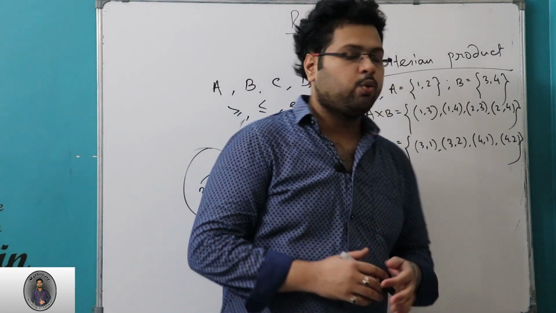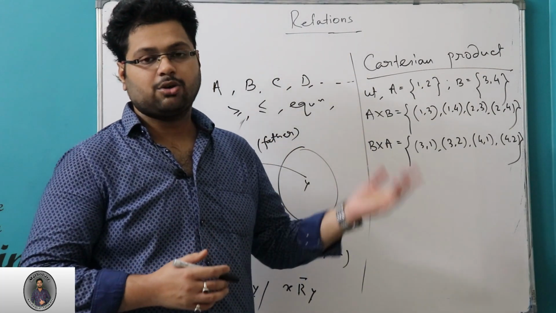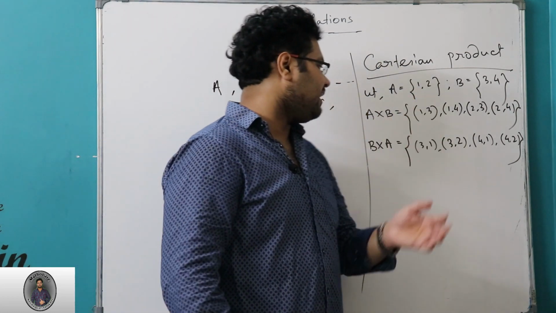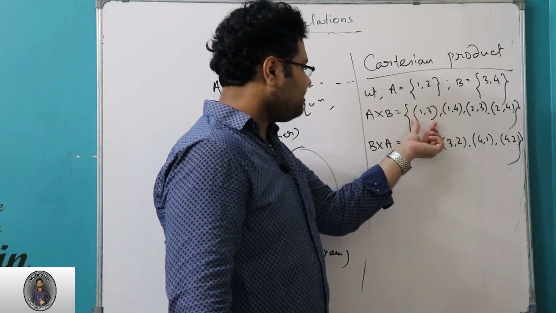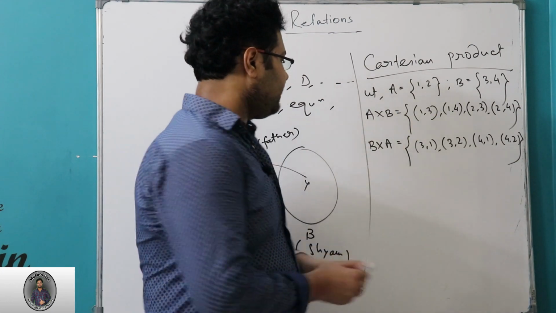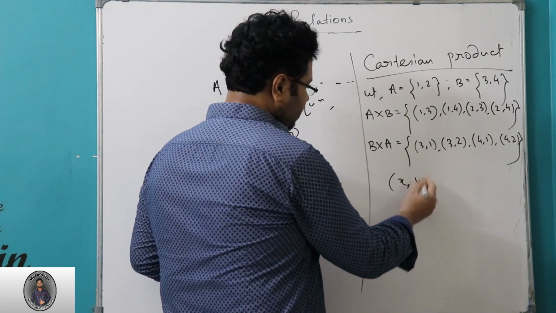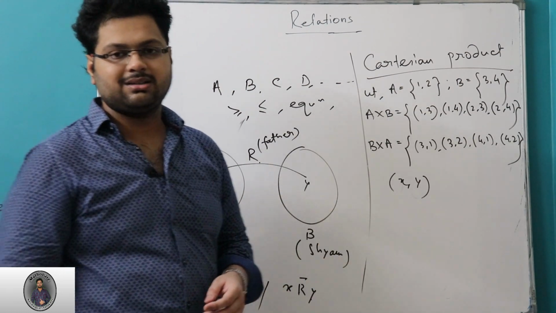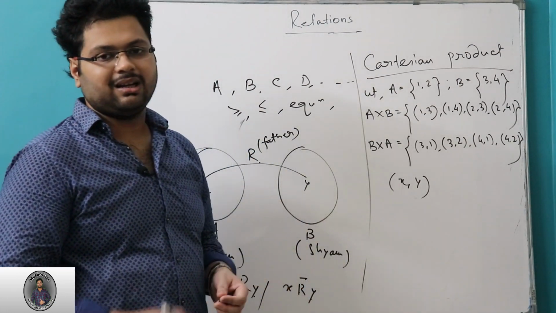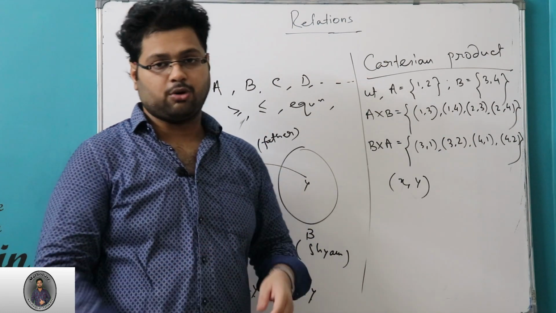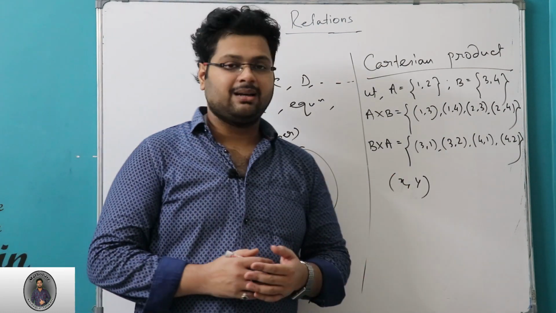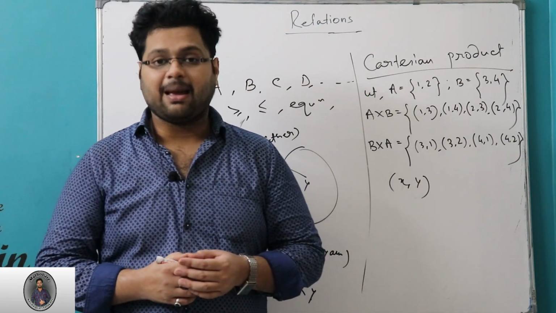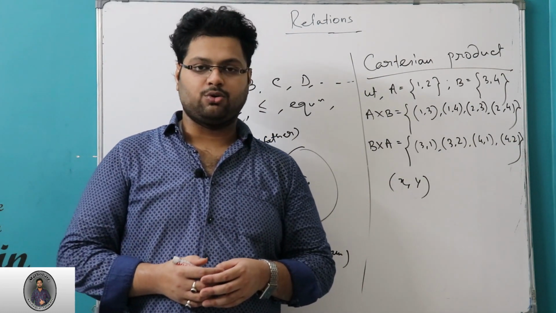Now we need to know why this definition is called Cartesian product, because you can see that the results are ordered pairs, that is in X, Y format, and these points belong to the Cartesian coordinate system. That's why this product is called the Cartesian product. In class 10 you also did this for finding the sample space when two dice are thrown together.